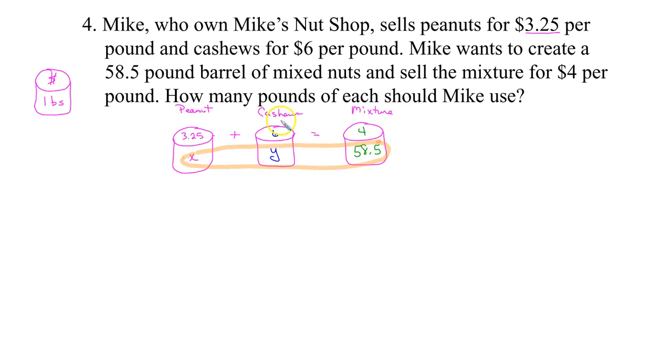It is going to look like this: x plus y is equal to 58.5. The second equation is going to be just like we did before. Top times bottom, so 3.25x plus top times bottom, 6y, is equal to top times bottom, 4 times 58.5.